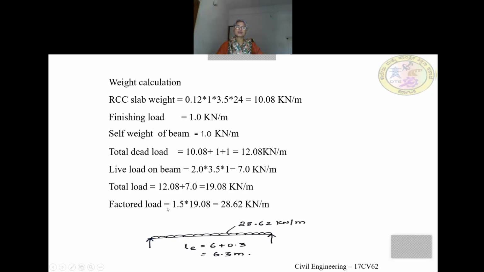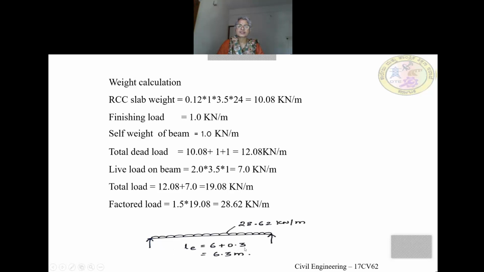But we have to multiply by the load factor to get the factored load. Factored load is 1.5 into 19.08, which is 28.62 kilonewton per meter. Now this is the beam. The clear dimension of the hall is 6 meter wide, but it has a wall of 30 centimeter thickness on either side.